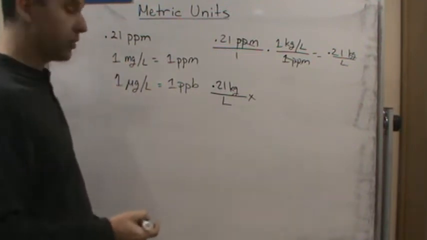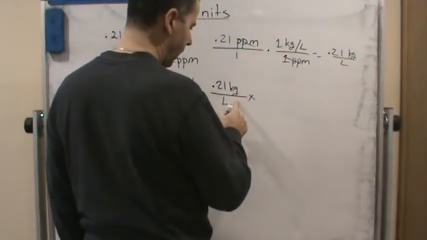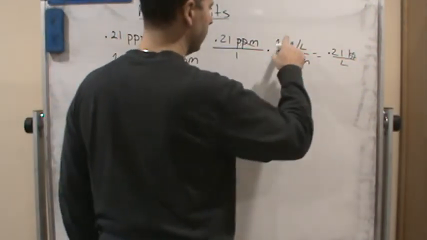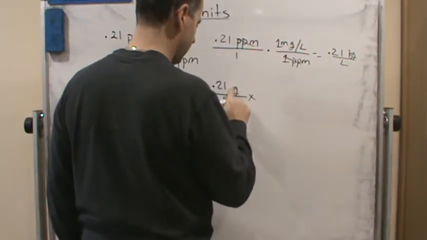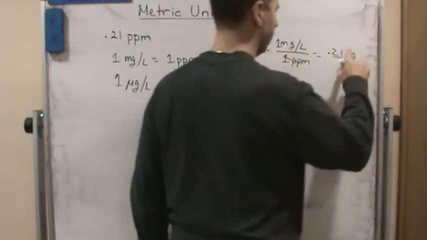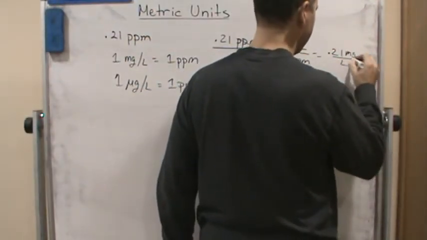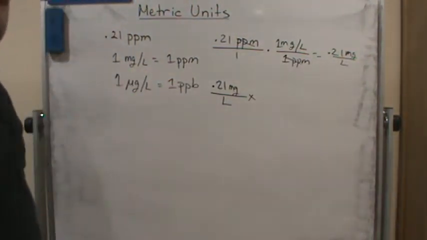Or you can just use the grams as an intermediate, right? So I could say, well, if I'm in milligrams, I keep saying kilograms, it's milligrams. I don't know why I keep doing that. Sorry about that. This is milligrams.